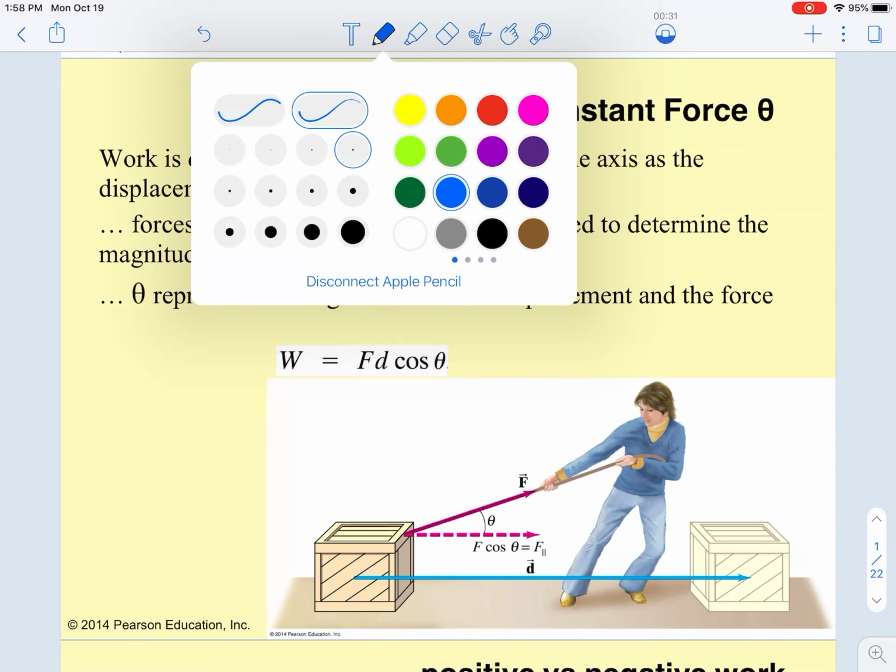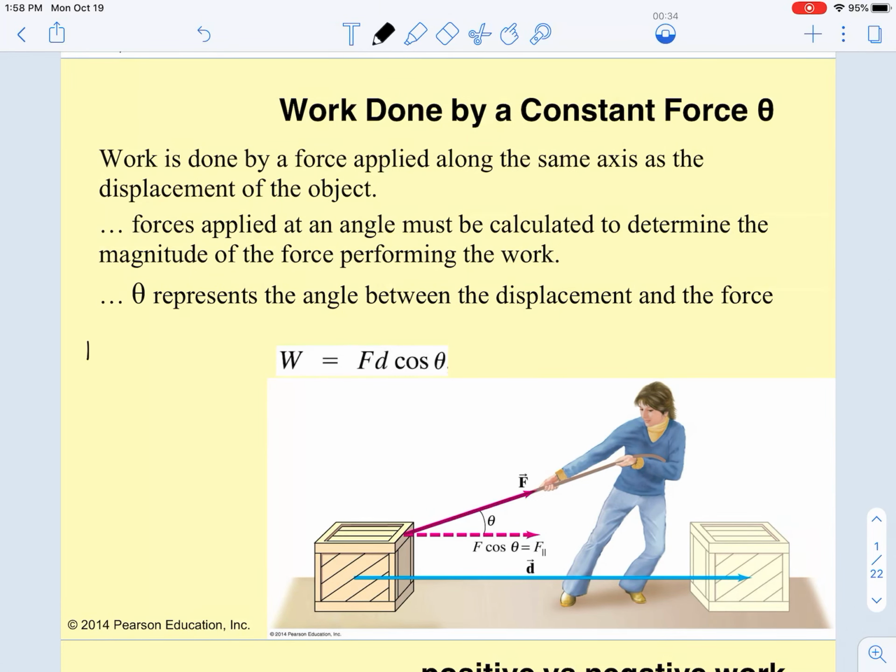So we initially discussed a situation where we have a crate, just like this woman in the picture, that is being pulled so that the crate experiences some displacement because of the force applied. And so here we said that the work done was equal to the force times the displacement.